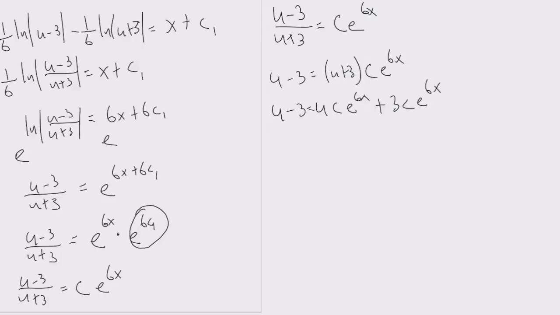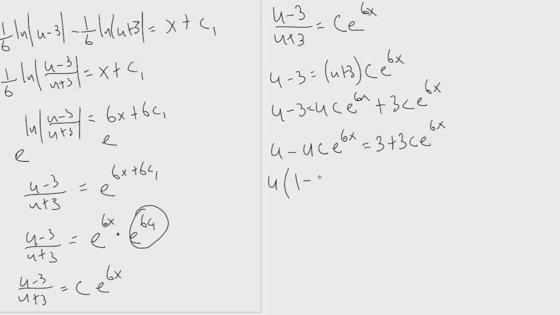All right, and then let's bring the u to all the same side and move the 3 over. So that's going to be u minus u c e to the 6x equals 3 plus 3c e to the 6x. And I think we can factor a u out.